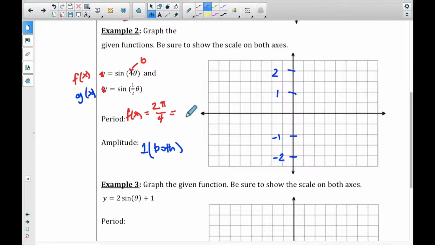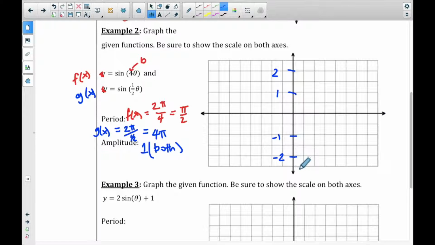So that means my period is pi over 2. Whereas for g of x, my period is 2 pi divided by 1/2. Well, what's 2 pi divided by 1/2? That's actually 4 pi. All right, the period is vastly different on these.